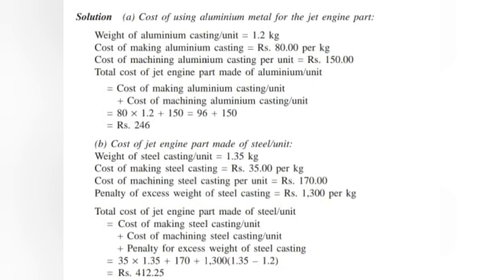That is 1300 into 1.35, the weight of the steel casting per unit, minus 1.2, which is the aluminum cast weight. So you sum up the cost of making the steel casting per unit plus the cost of machining the steel casting per unit plus the penalty for excess weight of the steel casting. This gives you the cost of the jet engine part made of steel per unit, in rupees.